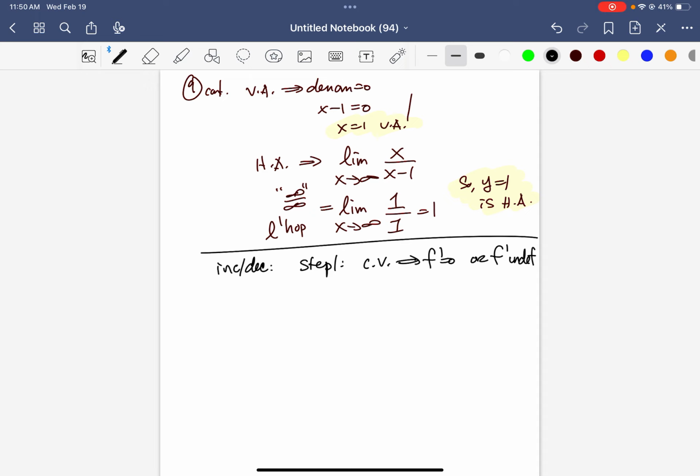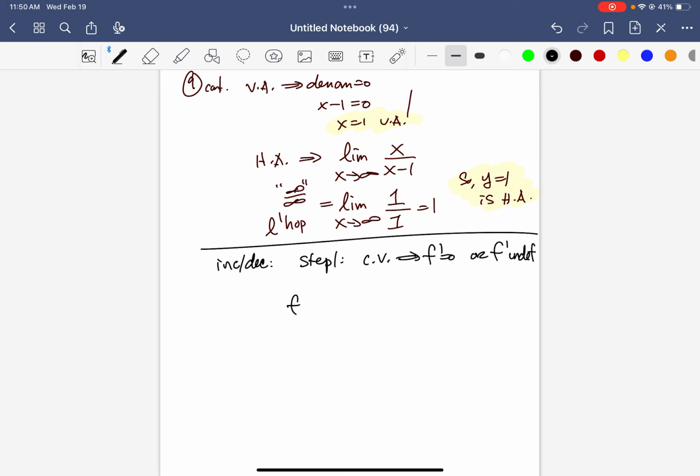So for number 9, if I look at the derivative, I'm going to do low d high. So I'm going to take low times derivative of high, which is 1, minus high times derivative of low, which is 1, all over low squared. So you're just going to end up getting negative 1 over x minus 1 squared.